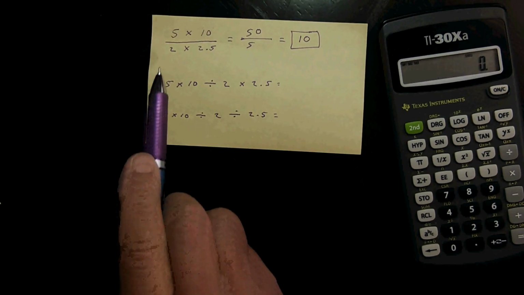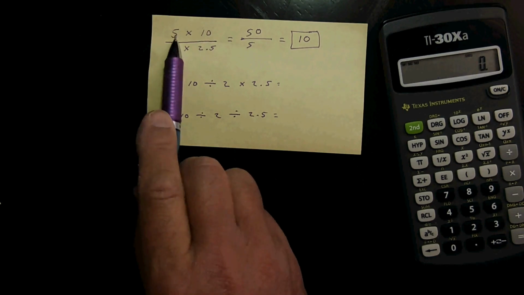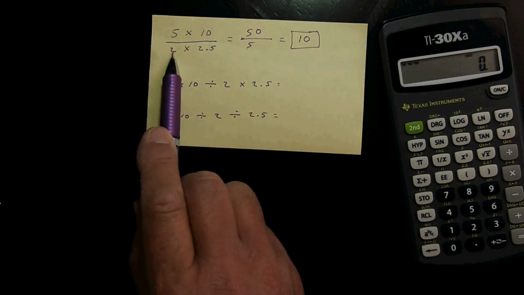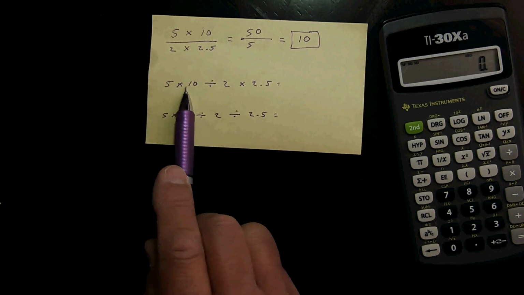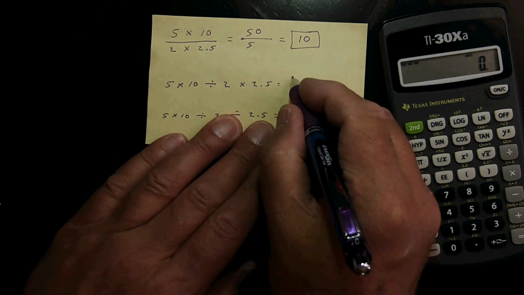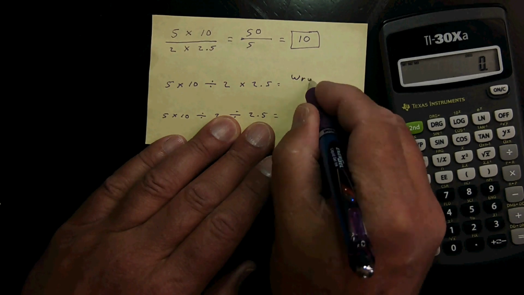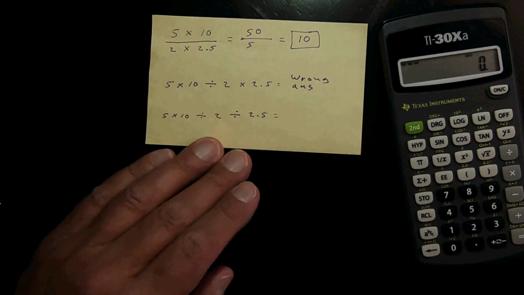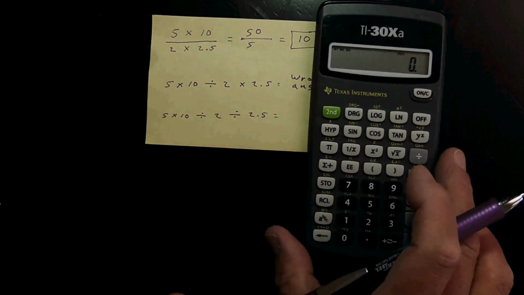You know this. Now, how would you put it in your calculator? You've got 2 choices. If you said 5 times 10 divide by 2 times 2.5, guess what you're going to get? The wrong answer. So don't do it that way. I'll show you it's the wrong answer.